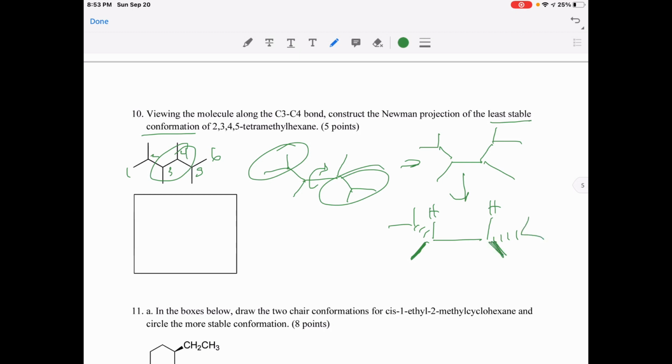I'm using wedge-dash notation here to make the geometry more clear. So with that in mind, we can draw our Newman structure now, because if we look at it from this line of sight, if we were to look straight through this bond like this, then we can draw the following Newman structure.